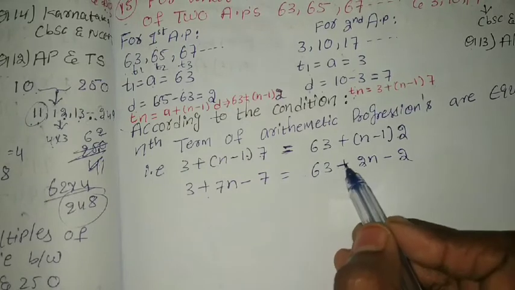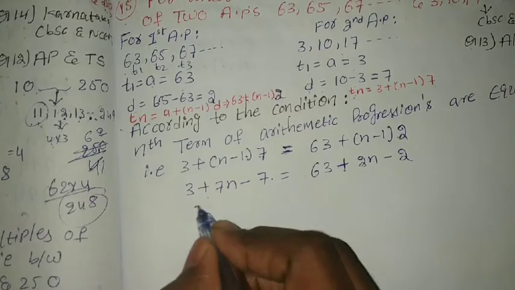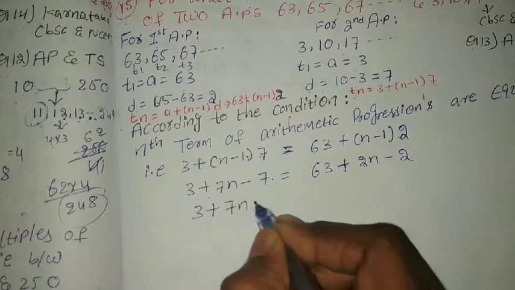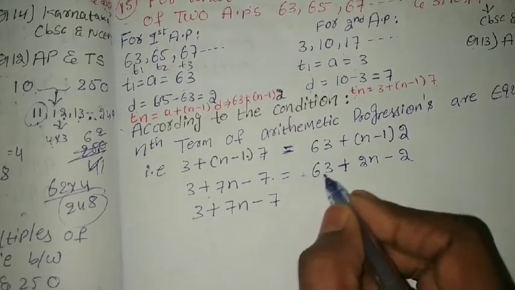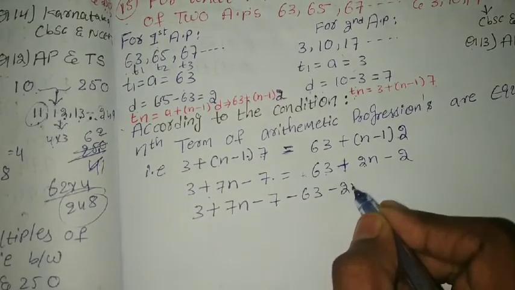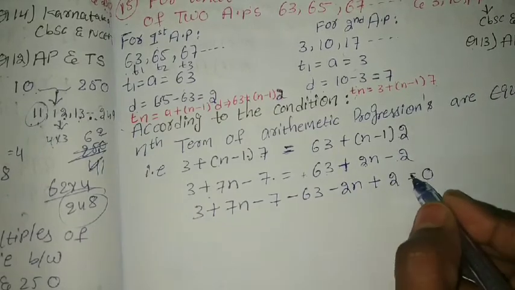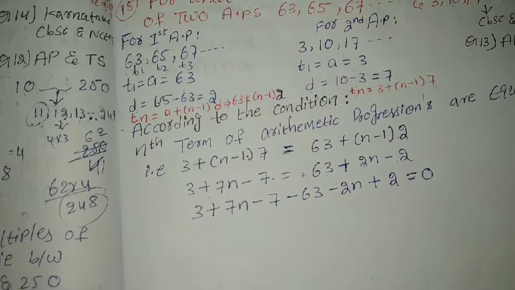That means here we have a plus sign, it will become a minus. Okay. How? 3 plus 7n minus 7. See, plus 63 will become minus 63. Plus 2n will become minus 2n. Minus 2 will become plus 2. We'll get equal to 0. There are no terms on the right side.